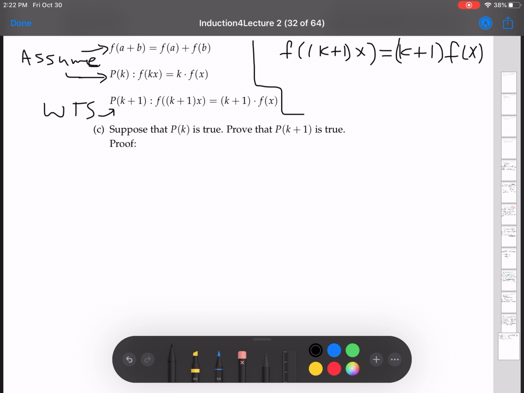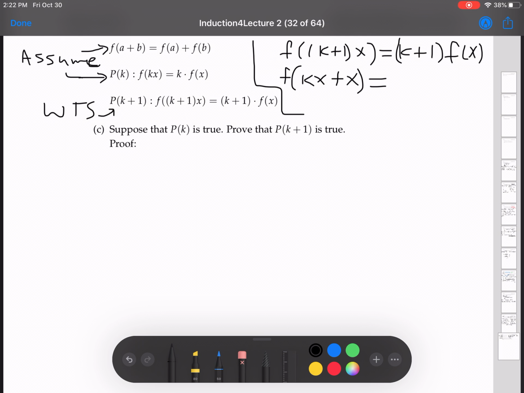Well, let's see. We could distribute that x. So now I'm going to distribute that x inside the f of part. So k plus 1 times x is the same as kx plus x. And I'm also going to distribute over here on the right-hand side.